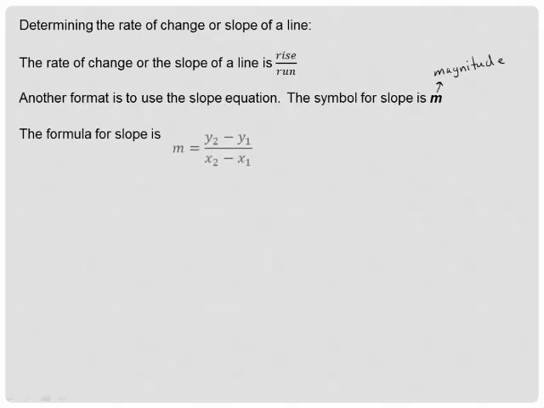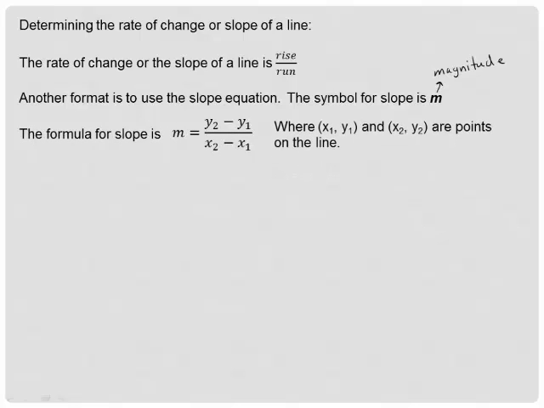And the formula is y2 minus y1 over x2 minus x1, where x1, y1 and x2, y2 are points on the line. These subscripts, all they do is indicate we have different points. So this x is not the same as this x.